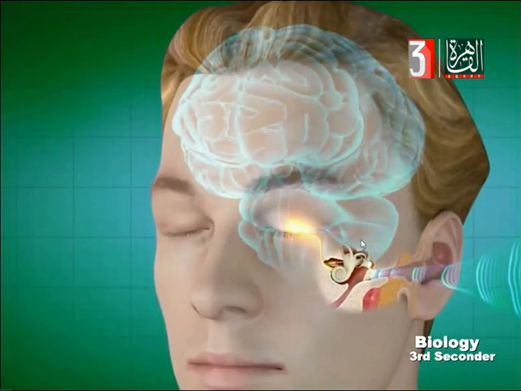Also, there are the 3 smallest bones in each middle ear, called ossicles or auditory ossicles, present in each middle ear.